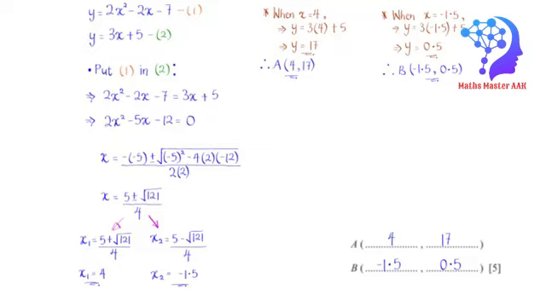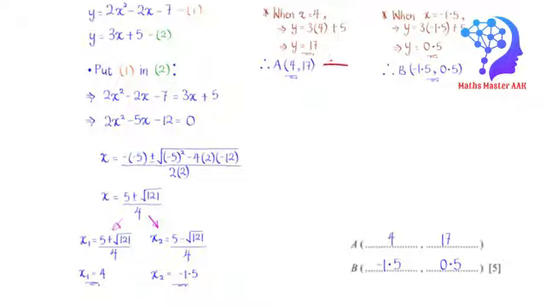To find the corresponding y-coordinates of these 2 points, we can substitute these values of x into either equation 1 or equation 2. In this case, I'm picking equation 2. And so for point A, when x is equal to 4, y is equal to 3 times 4 plus 5, giving us 17.